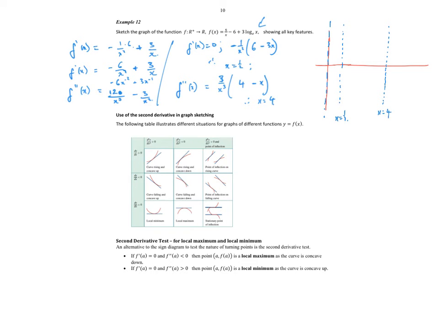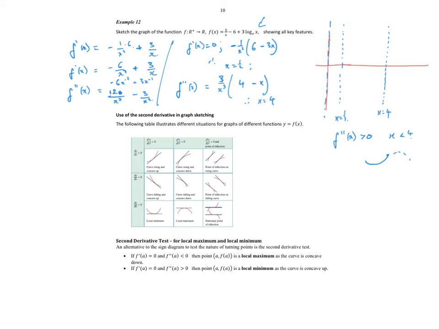All right, let's have a look at this graph here. For f double dash of x greater than 0, when is it going to be greater than 0? Well, if x is less than 4, don't forget x is positive, so 3 on x cubed will always be positive. So we are concave up until 4, and then concave down after 4.